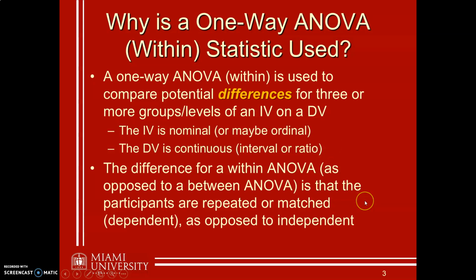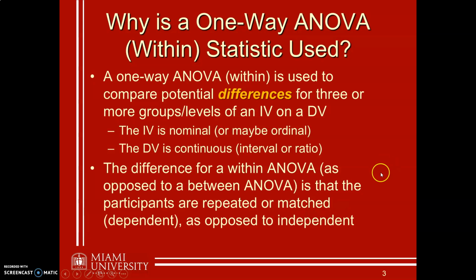The primary difference for a within subjects ANOVA, as opposed to a between subjects ANOVA that we were learning about before, is that the participants in a within subjects ANOVA are either repeated, like the same people at 3 different times, or they are matched in some way.